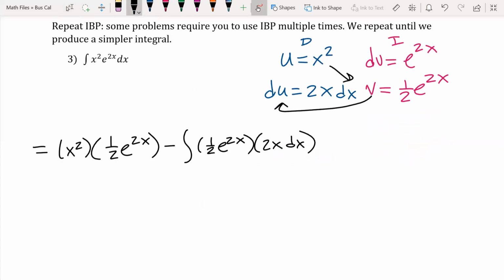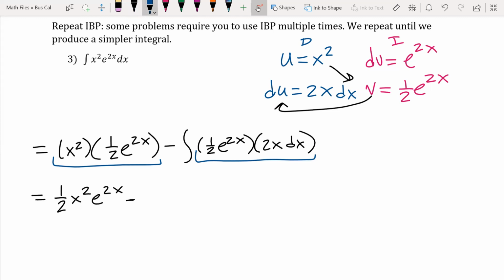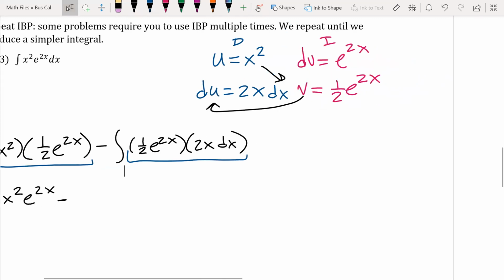Okay, we've got some cleaning up to do. So on this first term, x squared times 1/2 e to the 2x, I'm just going to pull that 1/2 to the front. And you're going to get 1/2 x squared e to the 2x minus, and now on this term, we see that I have 1/2 and I have 2x. So here, let me do a little side work.